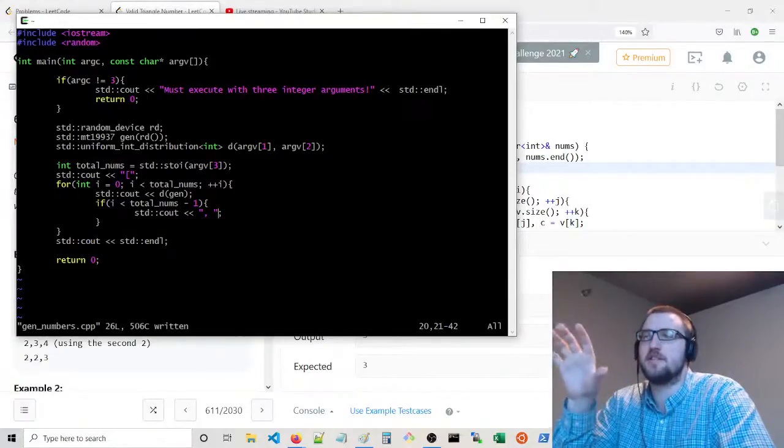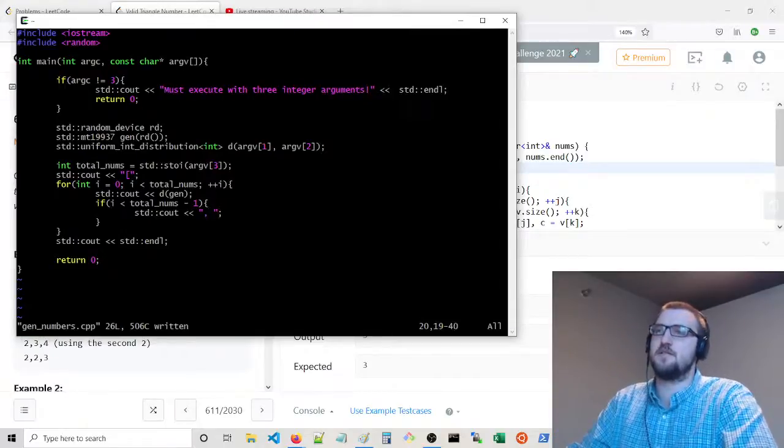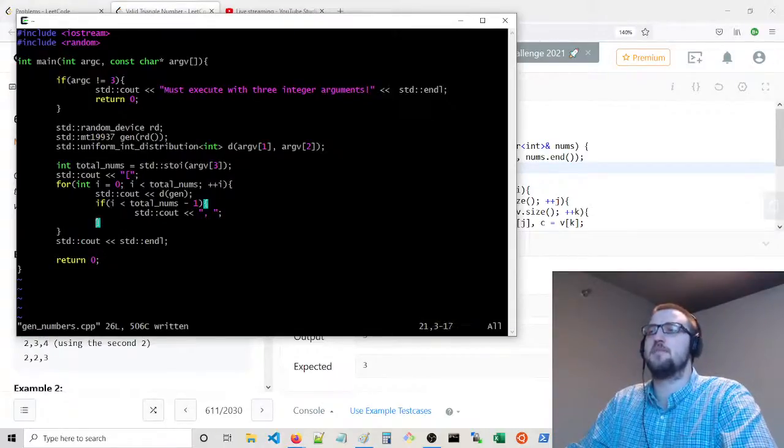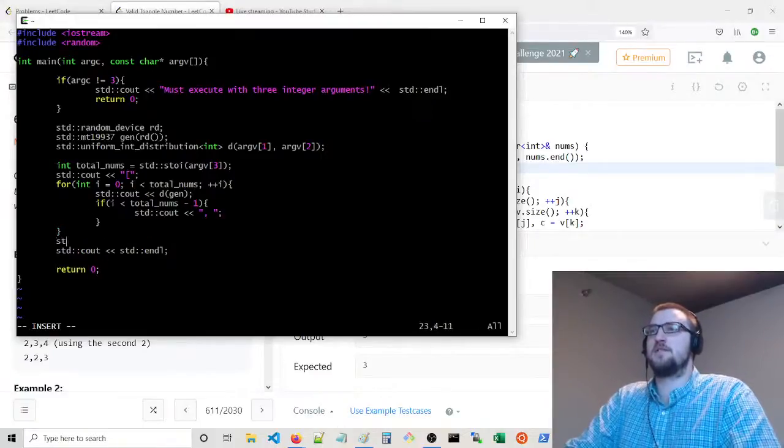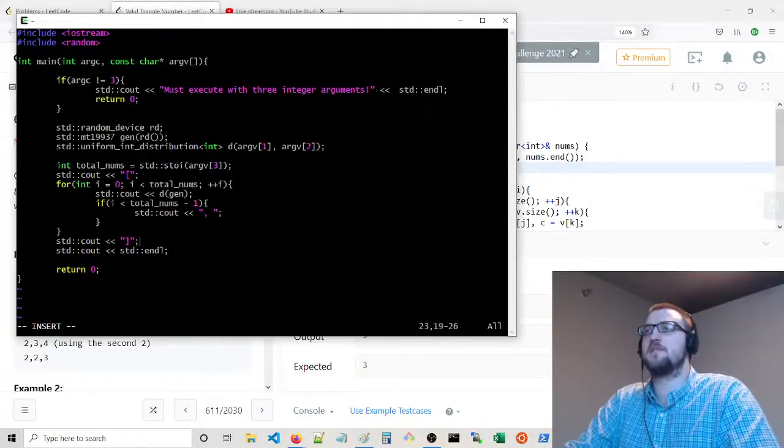For the last integer we print, we don't add a comma and a space. And then at the end, we're going to add two more pieces, which is a closing bracket and then a new line character.